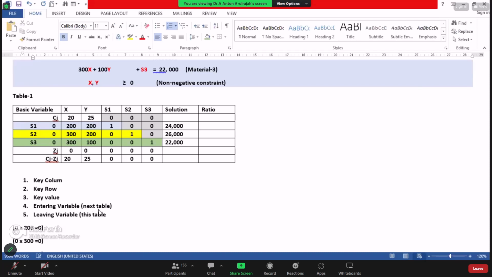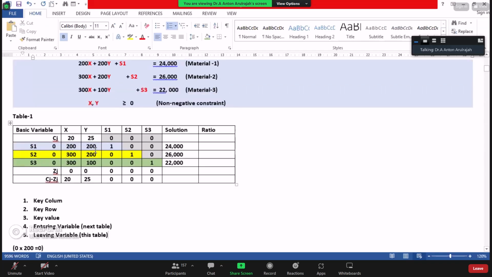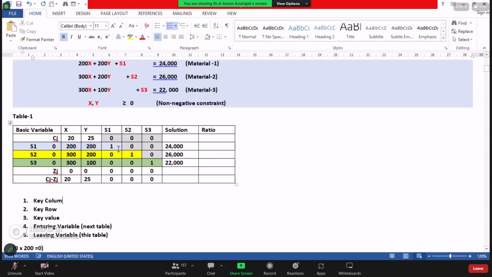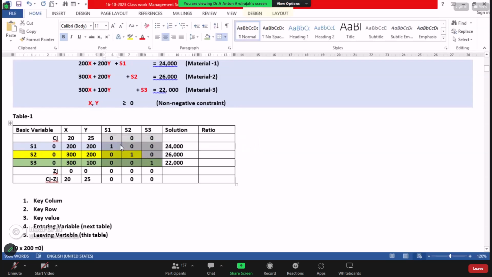Okay, right. Now you see that these are the unit requirements. These ones are representing material one, material two, and material three.